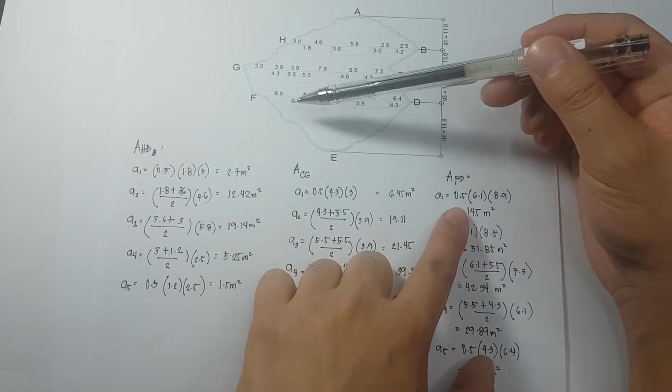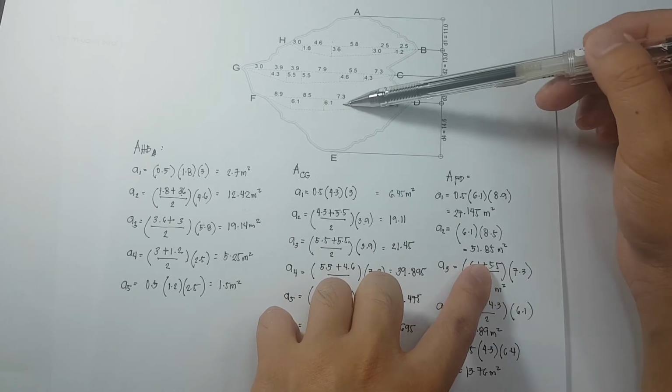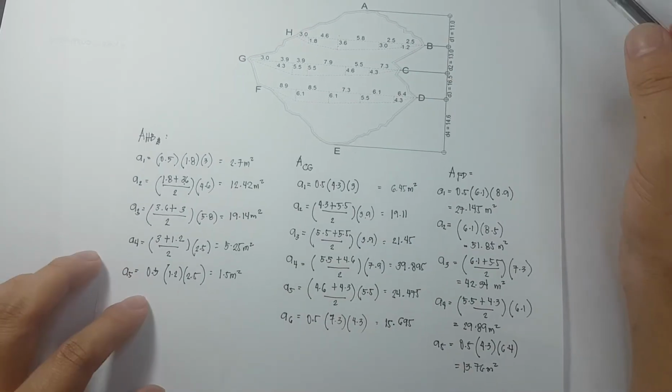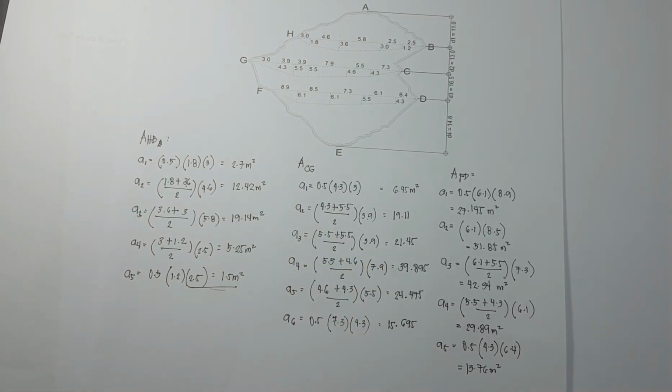Then we have here triangle, square, trapezoid, trapezoid, and triangle. Okay, so we need to determine the total area for each section.